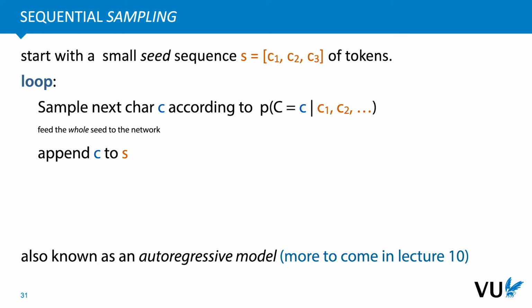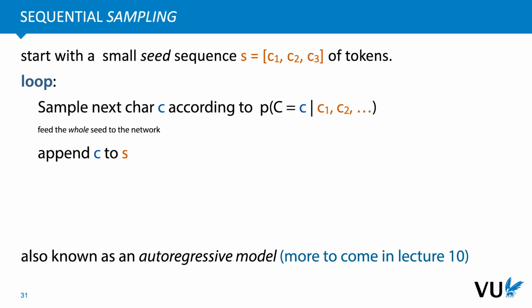So we feed it the whole seed, we look at what it predicts for the next character, we sample that from the output distribution, and we append this sampled character to the seed, and then we loop. And this is known as sequential sampling, and the model that we train in this way is known as an autoregressive model. And we'll see some examples of this later when we've looked into how recurrent neural networks work.